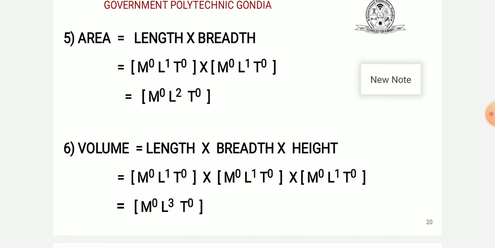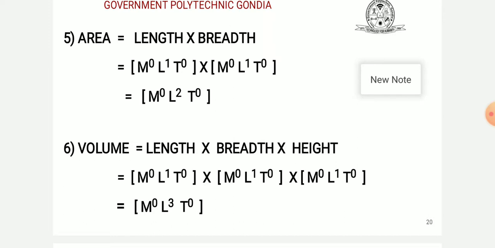So L is common, and 1 plus 1 in the power becomes 2. So I am writing L raised to power 2. What is the power of t? t raised to power 0 and t raised to power 0, so 0 plus 0 is 0. So the dimension is m0, L2, t0. This is the dimension of area.